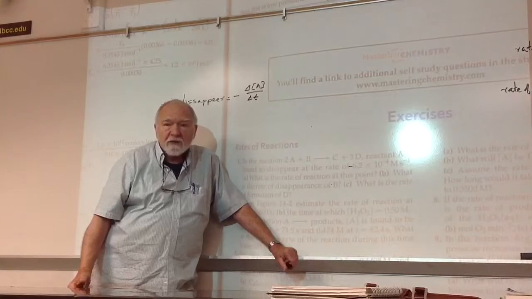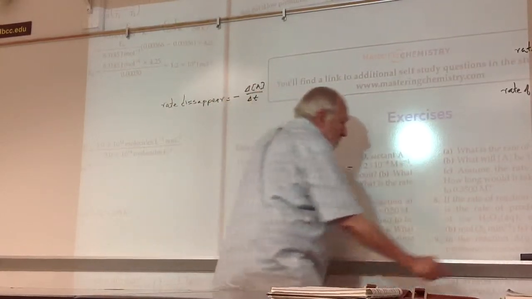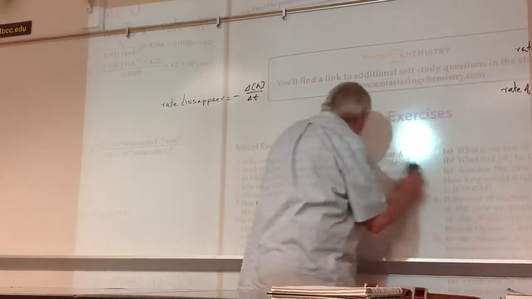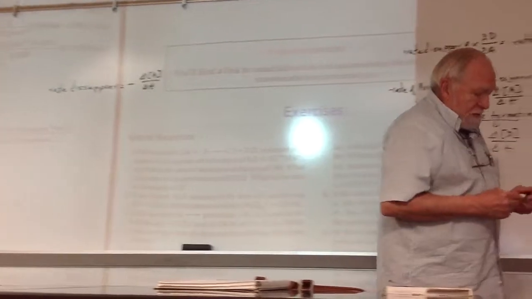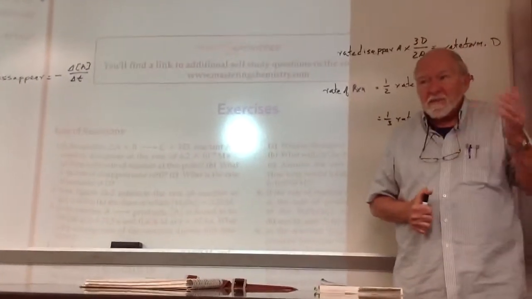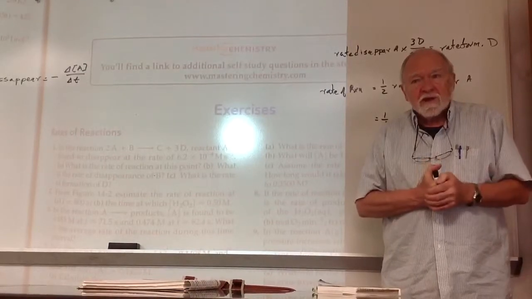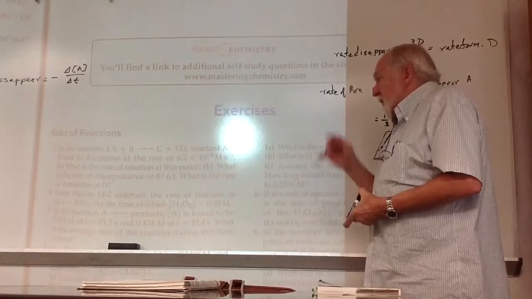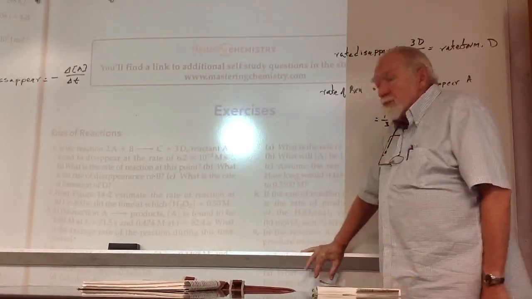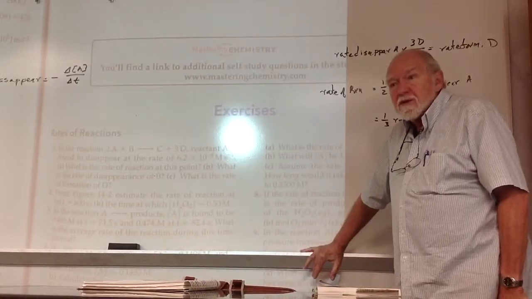I forget which book they were working from when they wrote this problem set up, but it was one of the other textbooks that used the sign of the rate of reaction to say whether something's disappearing or appearing. Whereas this book, and most of the books, always say rates, regardless of whether it's appearance or disappearance, should always come out to be a positive number.